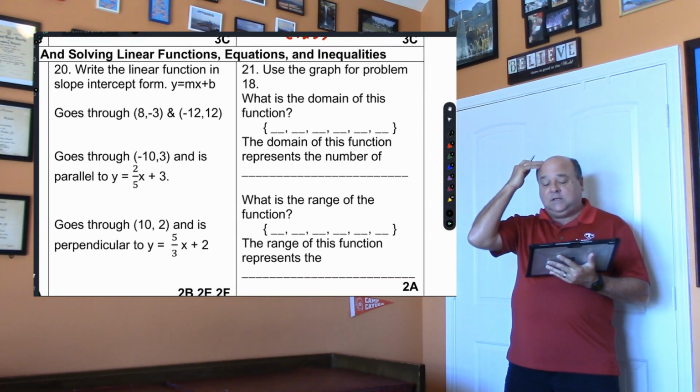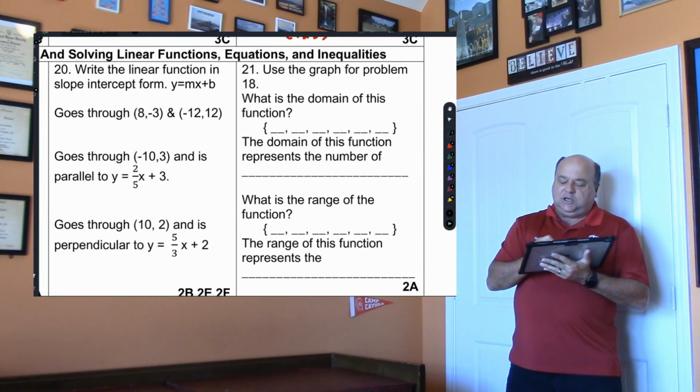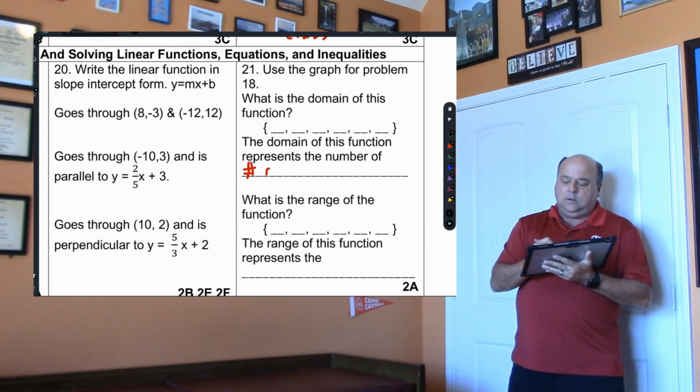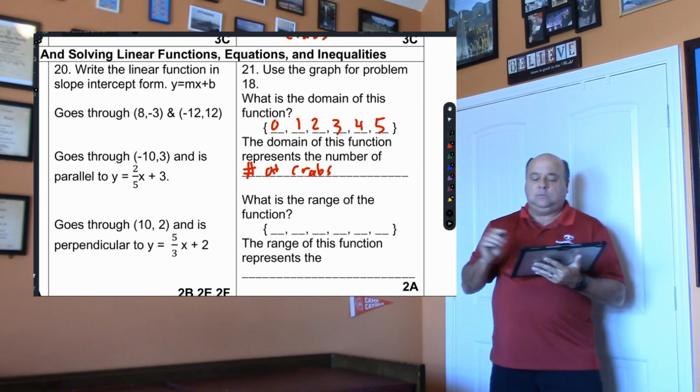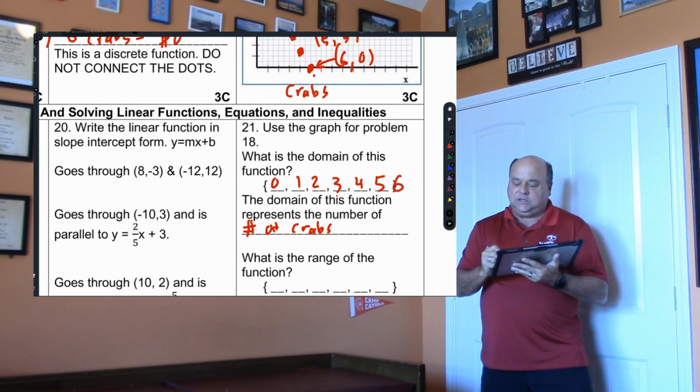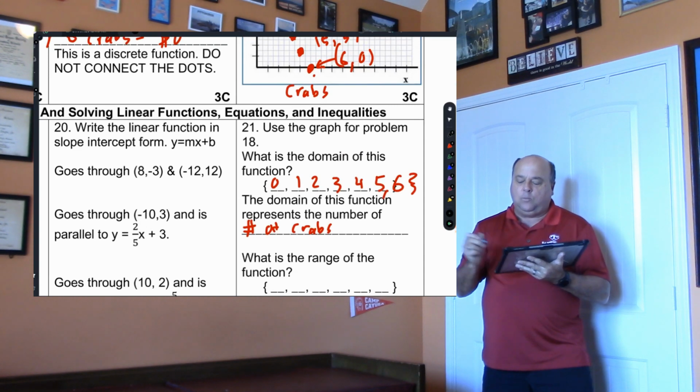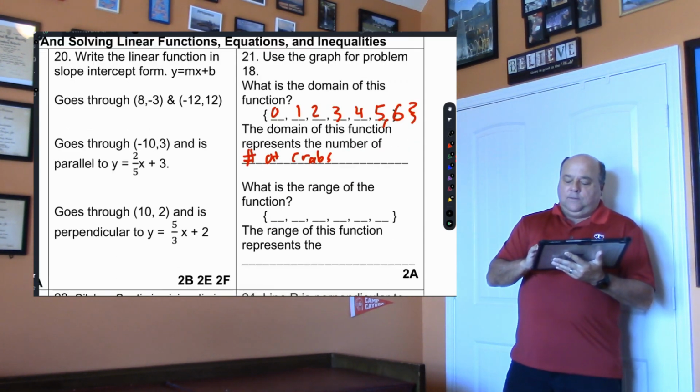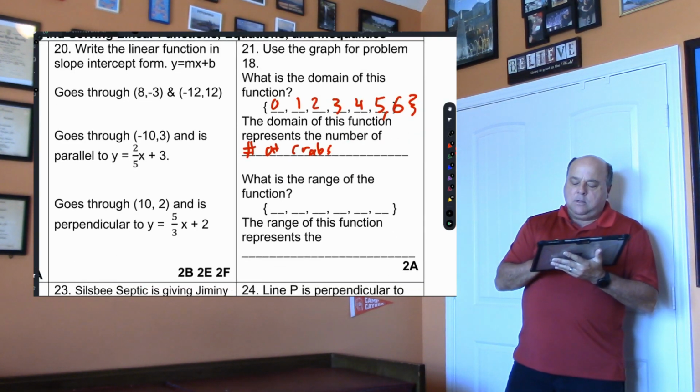What's the domain of this function? The domain of the function is the number of crabs. And it's 0, 1, 2, 3, 4, 5, right? Or actually 6. You could go to 6 crabs, can't you? You need one more number, don't you? The range is the money, the amount of money left.